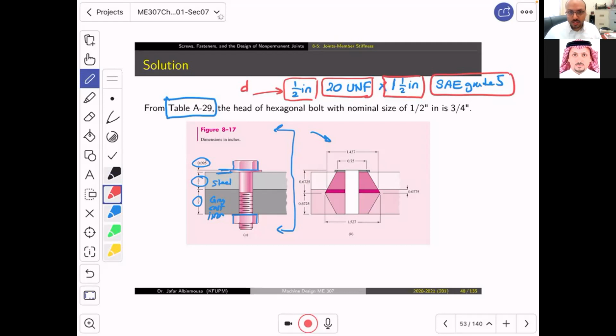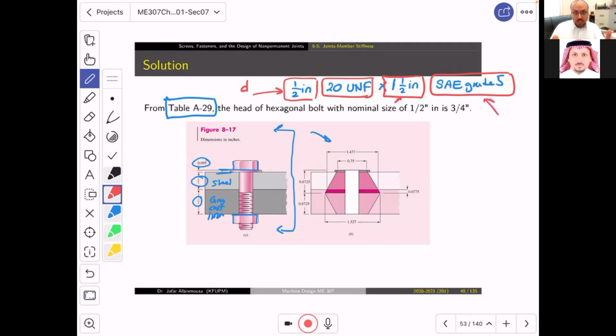If you know this, you will also go to table A2, and for 1/2 inch UNF, you will know the threaded area, which will be used later for KB. Do you understand? And then this is the length of the bolt, which is capital L.